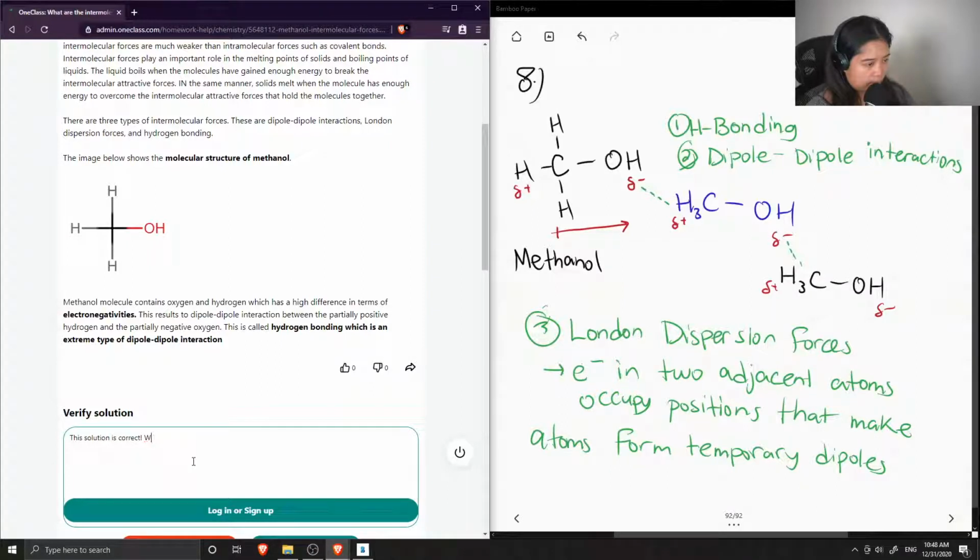When dipole-dipole interactions between the partially positive hydrogen on one molecule and the partially negative oxygen on another occur, it is called hydrogen bonding.